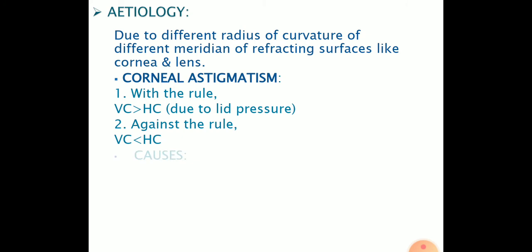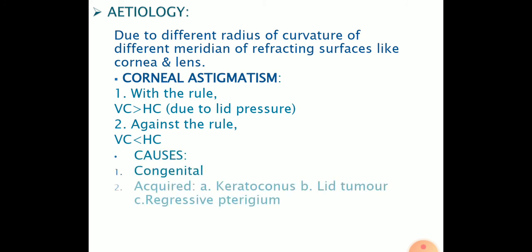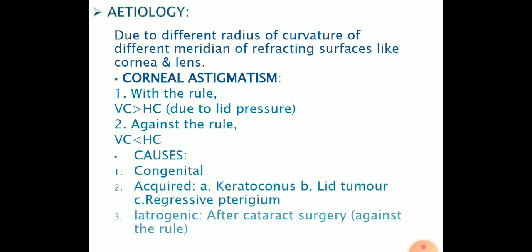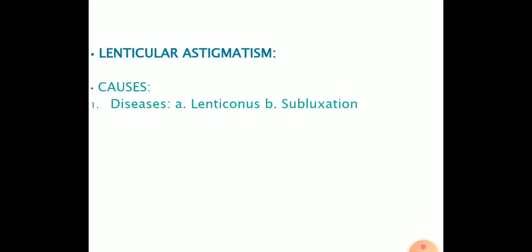Causes: number 1, congenital; number 2, acquired, as in keratoconus, lid tumor, or regressive pterygium; and number 3 is iatrogenic, after cataract surgery. Usually against the rule astigmatism occurs. Lenticular astigmatism. Causes: diseases like lenticonus or subluxation of lens. Iatrogenic, decentration of intraocular lens.